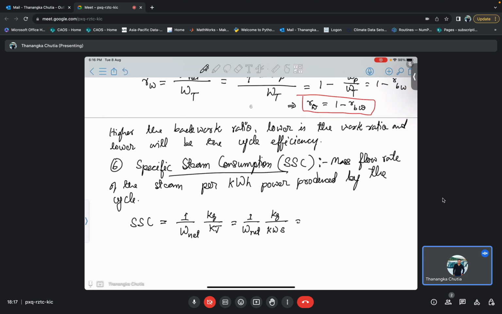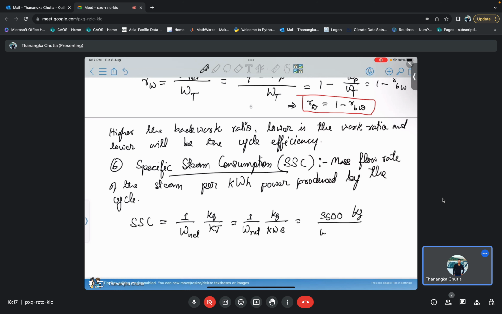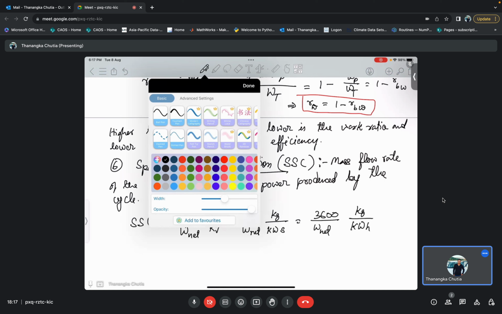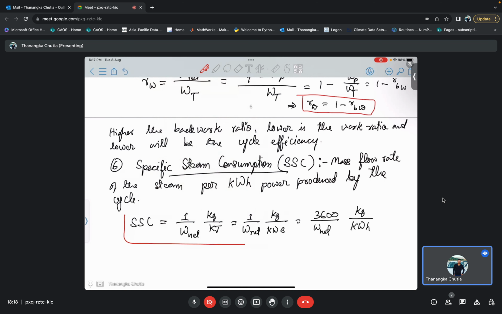If you have to write kg per kilowatt hour, this will be 3600 by W net, kg per kilowatt hour. So this is your expression for specific steam consumption. We will be calculating all these parameters today.